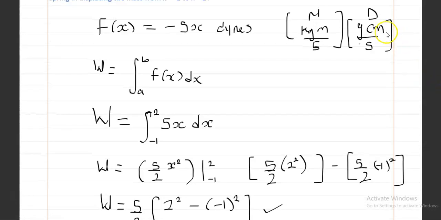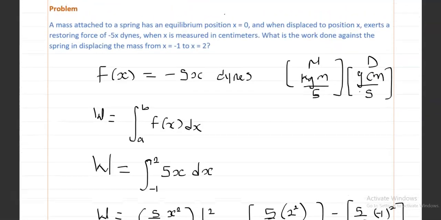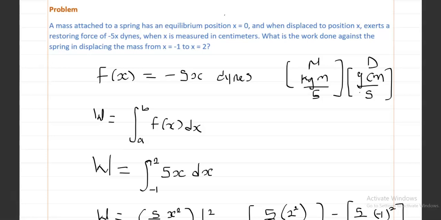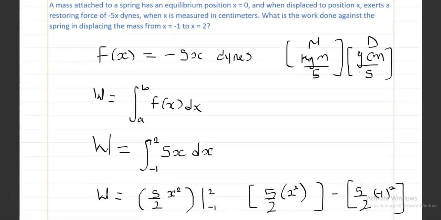If our force were in Newton, we would have had to convert from centimeter to meter. But since our force is already in dyne, we just plug it in because the units correspond.